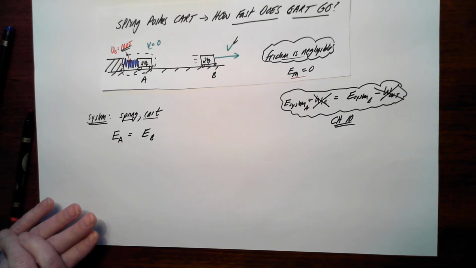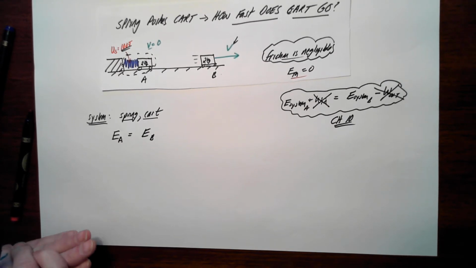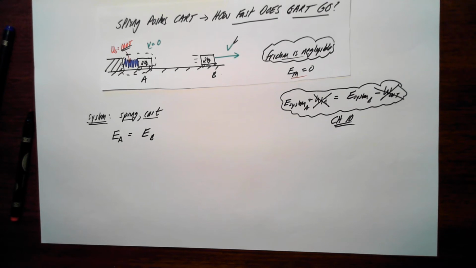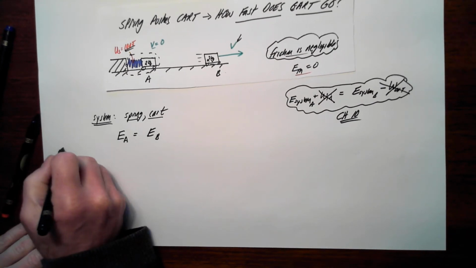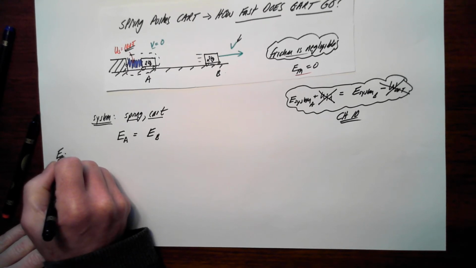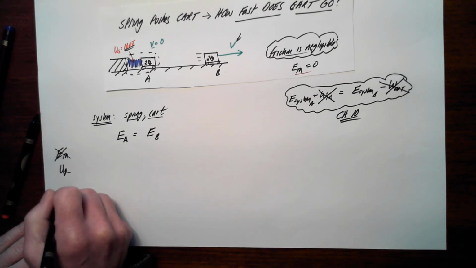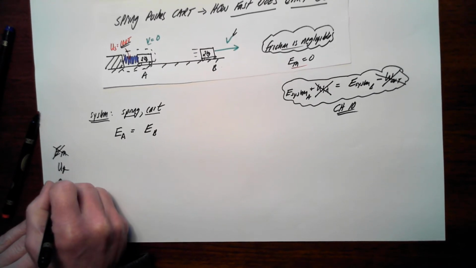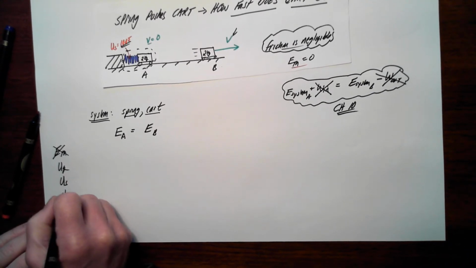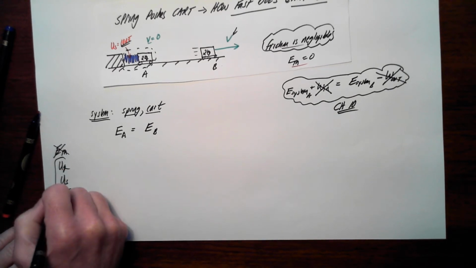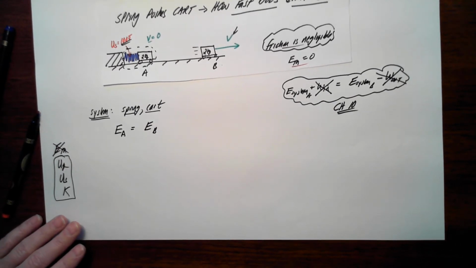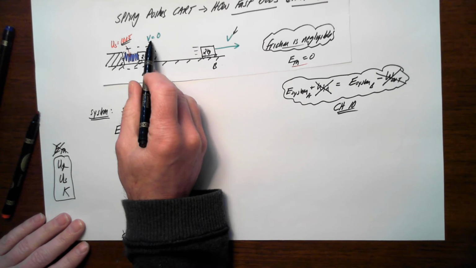Let's do that energy inventory and think about what forms of energy are present in my system. I'm not going to write them all out. We've got thermal energy, but that's not going to happen here. So I've got gravitational potential energy, elastic potential energy, and kinetic energy. Okay, what is in my energy at A?